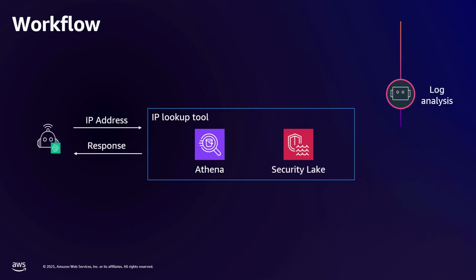Now, I mentioned OCSF. OCSF is very, very powerful when it comes to these agentic workflows. Because we're representing all this different security data using OCSF, the agent only needs to understand OCSF. If we had VPC flow logs and Palo Alto logs and all these different logs with different schemas, the agents would have to understand all the different schemas and how these things relate to each other.